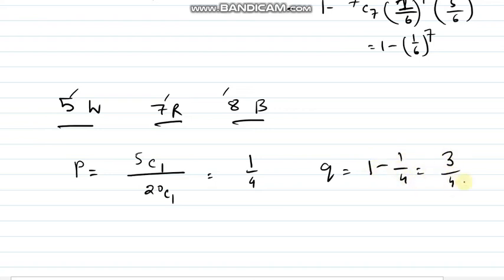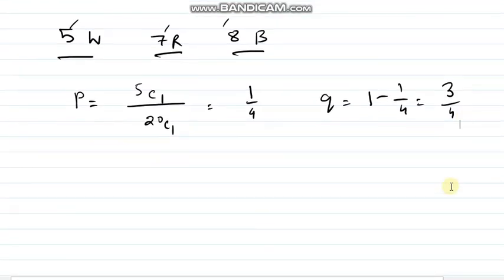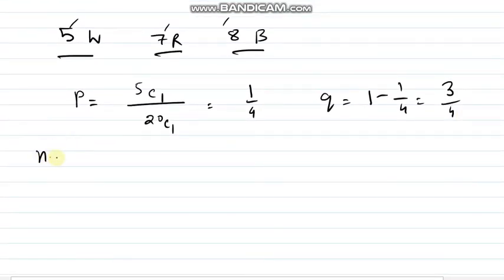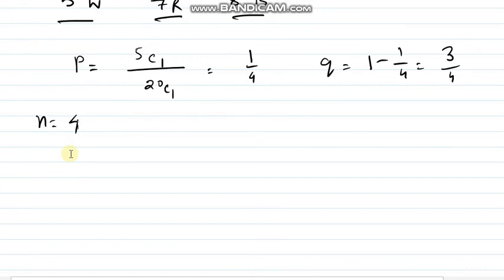Now I am drawing 4 balls. So my n here is 4. Many times you will get confused: what is your n, 4 or 20? 20 is the total number of balls. n is how many times I am performing that random experiment. So n is these 4 balls I am drawing one by one with replacement. What will the distribution be right now?